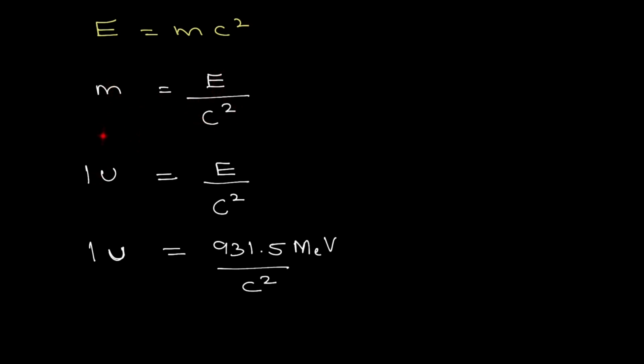If I replace m with 1U, that equals the energy of 1U over c squared, and 1U equals 931.5 mega electron volts over c squared. It is common to see the mass of 1U written as 931.5 mega electron volts per c squared.